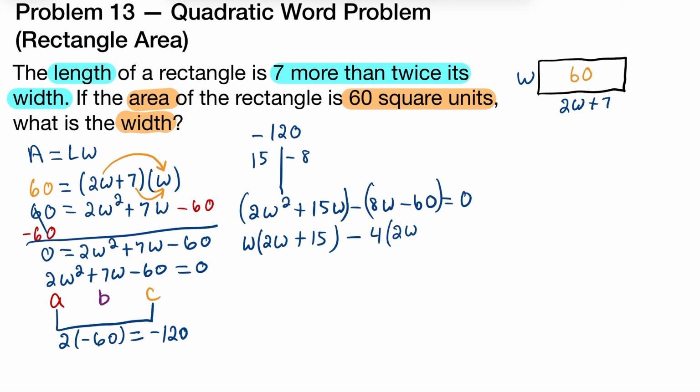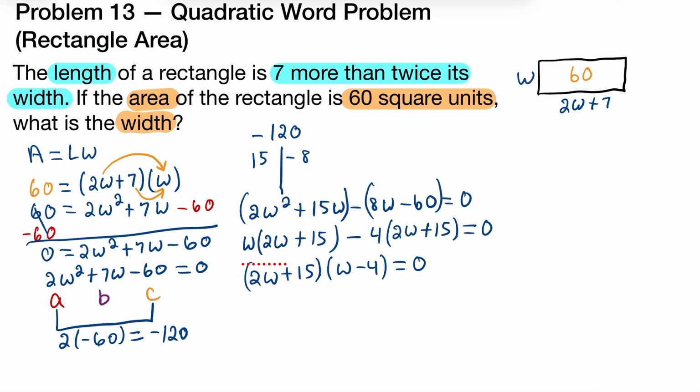Well, that is positive 15. That equals 0. Okay, so now what we're going to do is factor the 2w plus 15 out. So we have 2w plus 15 times w minus 4 equals 0.